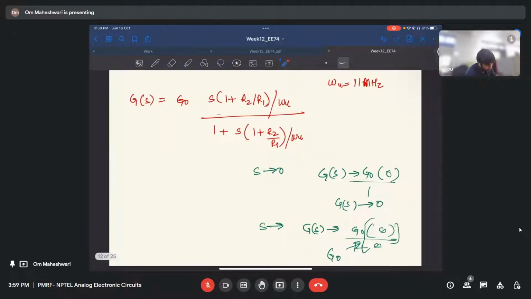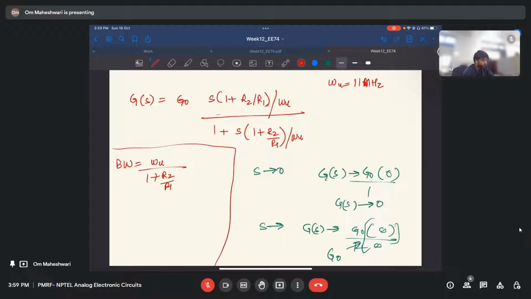So anyways, now let us get back to what we had to find, that is the bandwidth. For bandwidth, simply we know that bandwidth will be just the zero of this term, sorry, the pole, the root of this term. So bandwidth equals omega u upon 1 plus R2 by R1, right?